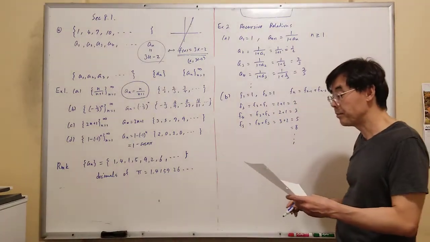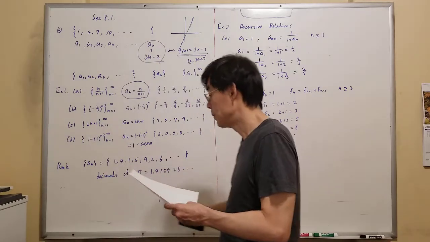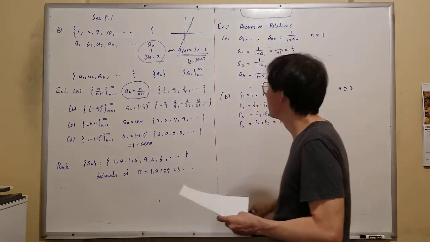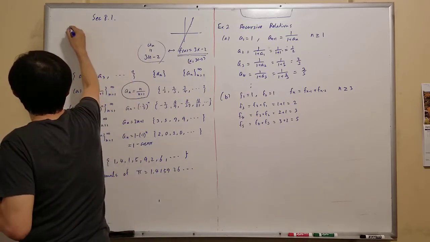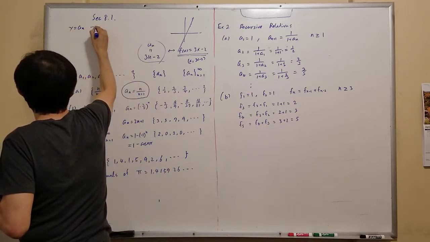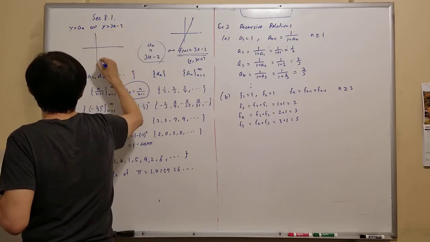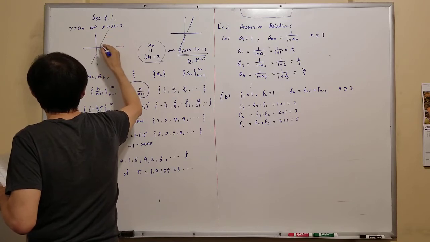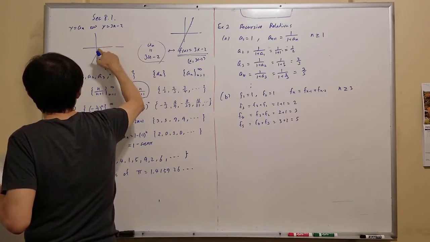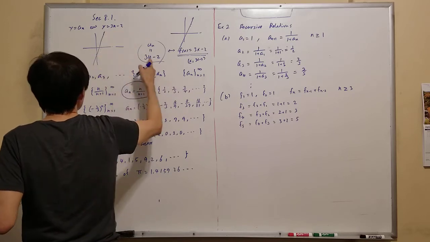On the other hand, if you have the graph of this sequence, y equals a_n will be y equals 3n minus 2. It's not an entire line. It only exists for integers, right? When n equals 1, 2, 3.